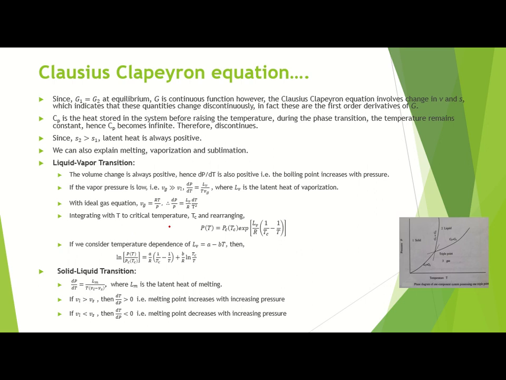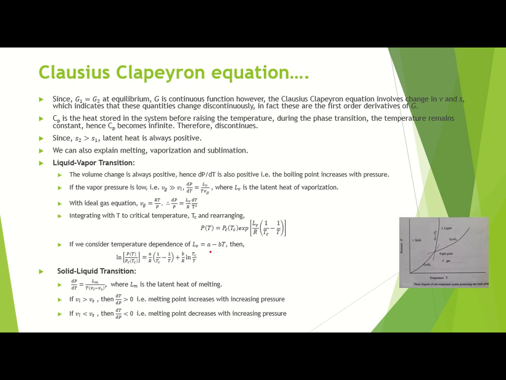And if we integrate it, we will get ln of P, and then here it will be 1 upon T after integration. And then if we apply the limits from T to Tc, we will get P of T equal to Pc exponential, and then Lv by R as it is, but 1 by Tc minus 1 by T.